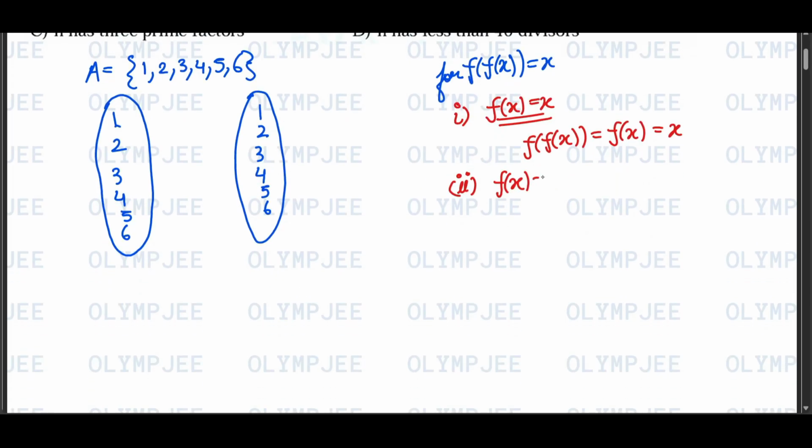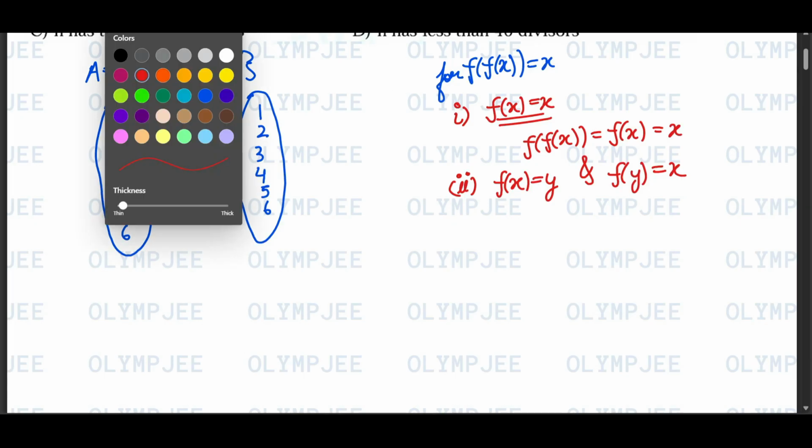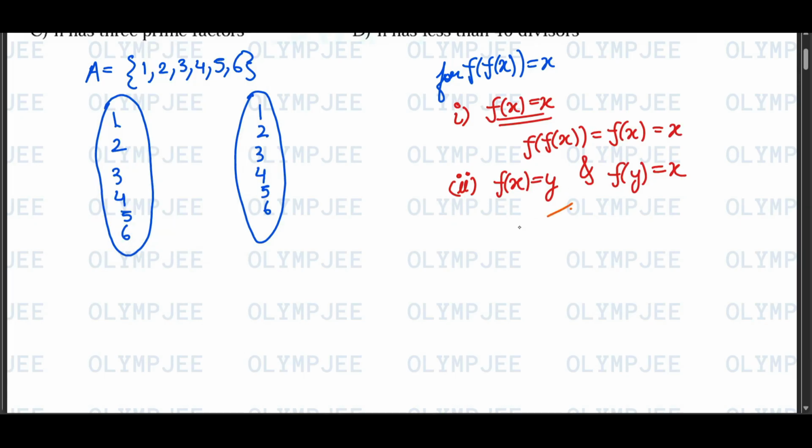f of x is y and f of y is equal to x, right? Because then f of f of x will become equal to f of y, which will be equal to x, and f of f of y will become equal to f of x, which is equal to y.